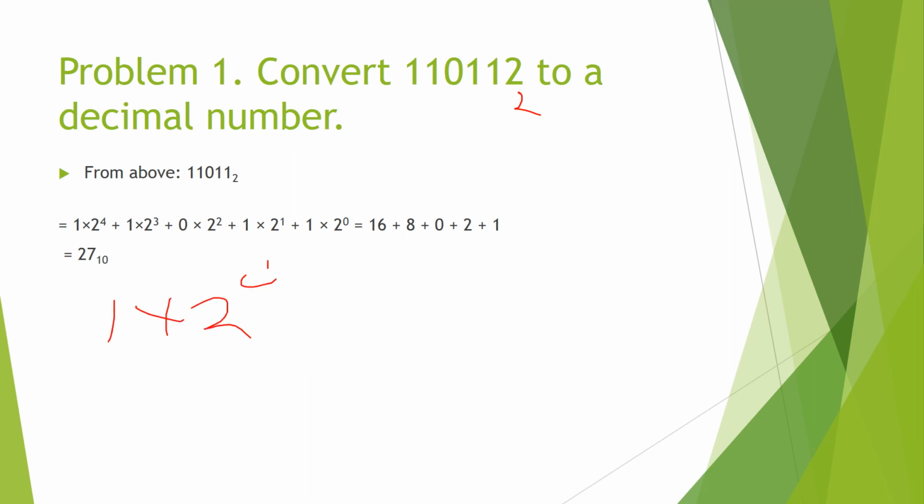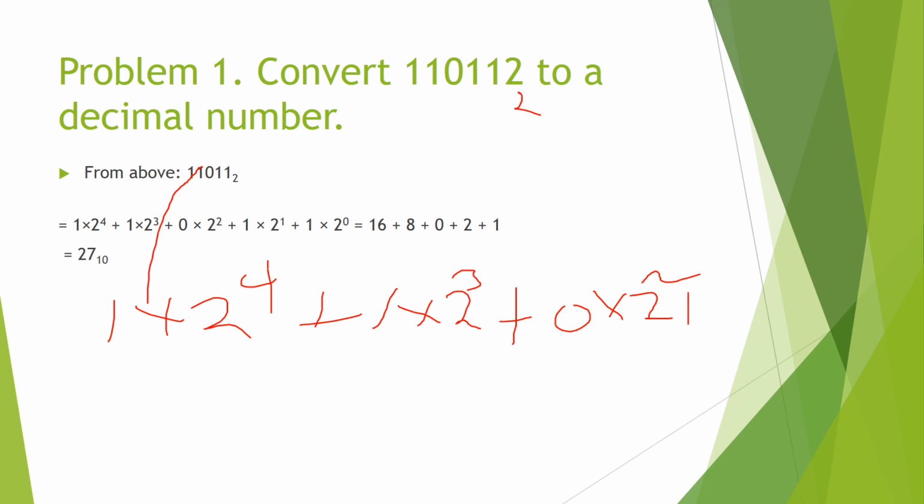So this one takes the first value here, and then the second value becomes 1 times 2 raised to power 3, then plus the other one becomes 0 times 2 raised to power 2, and then plus the other one becomes 1 times 2 raised to power 1, and then the other one becomes 1 times 2 raised to power 0.